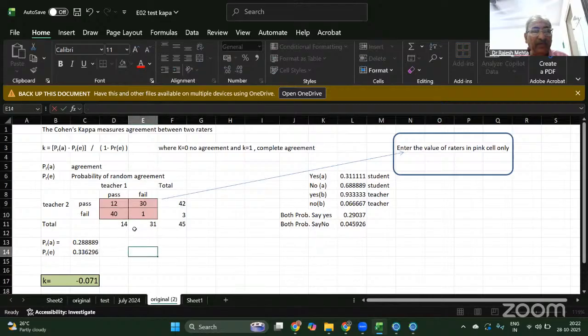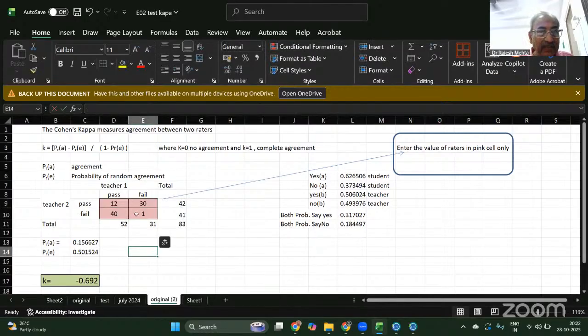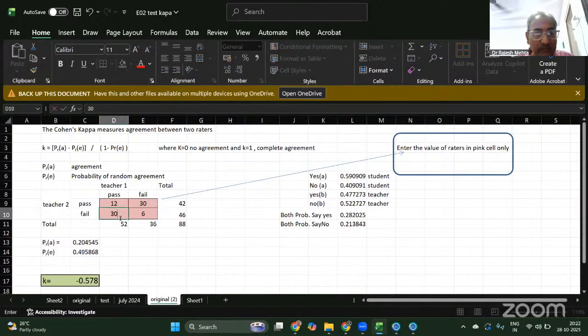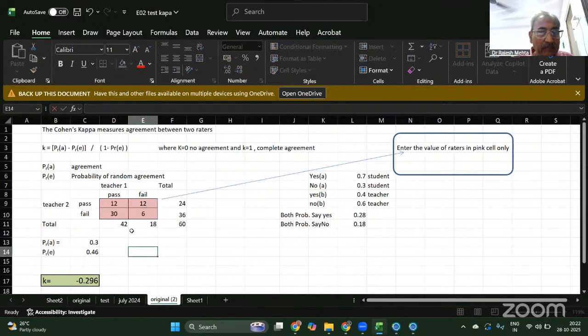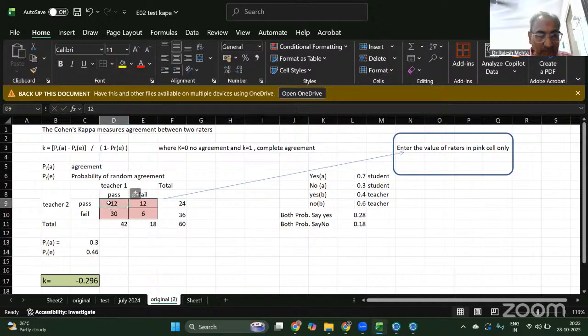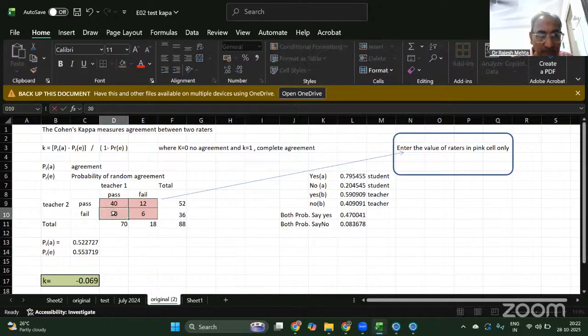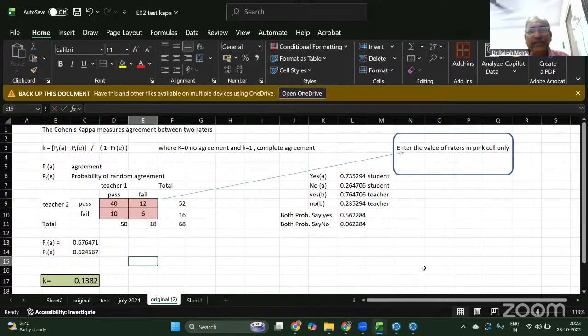If this is the agreement about pass and fail, let's say, I need an interpretation.